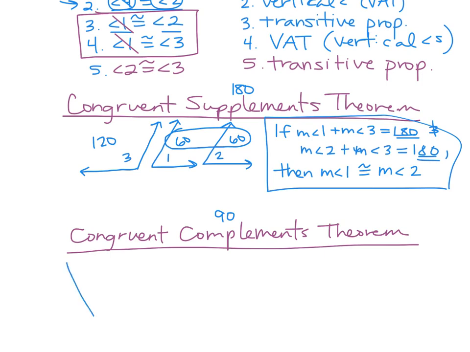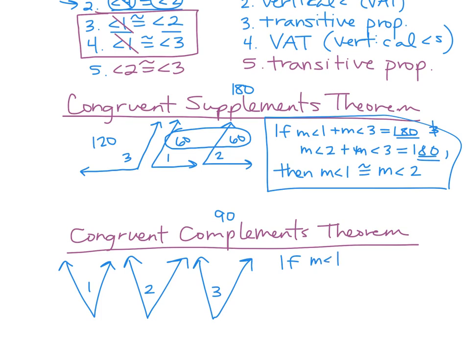So if I have these 3 angles, where this is angle 1, angle 2, and angle 3, if I say if the measure of angle 1 plus the measure of angle 2 equals 90, and the measure of angle 3 plus the measure of angle 2 is 90, then what is true?